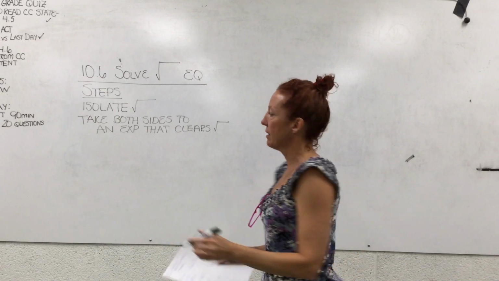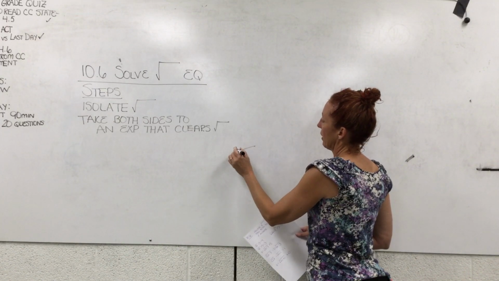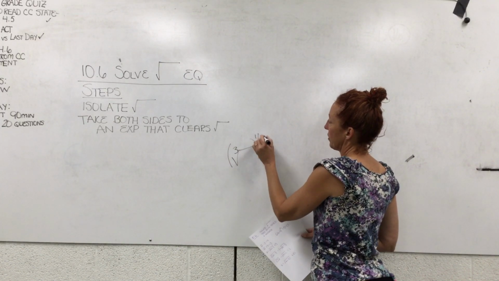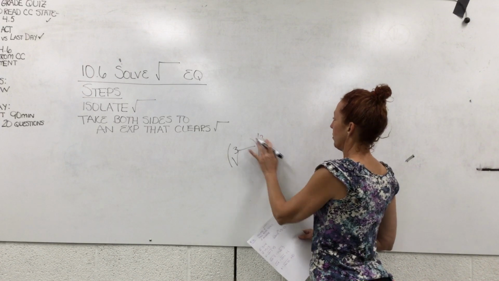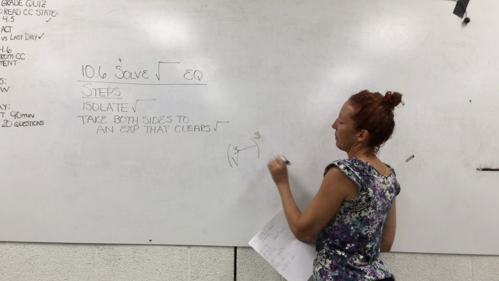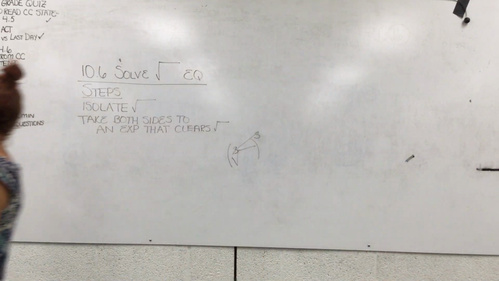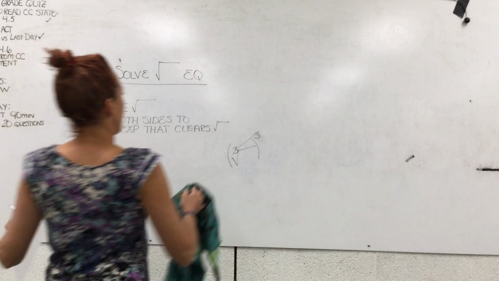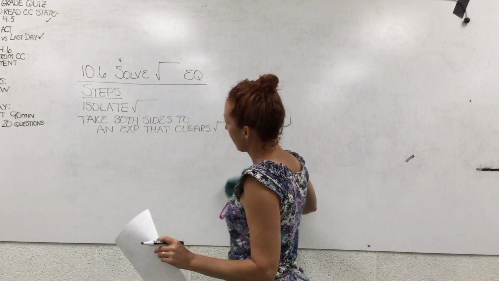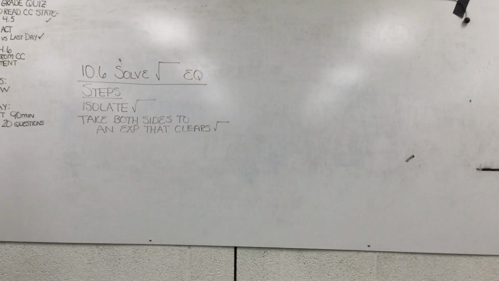So for instance, if your radical was a cube root, you would take both sides to the third power, because that would cancel that out. And if it was the fourth root, you would take both sides to the fourth power, and so on and so forth, whatever the situation called for.